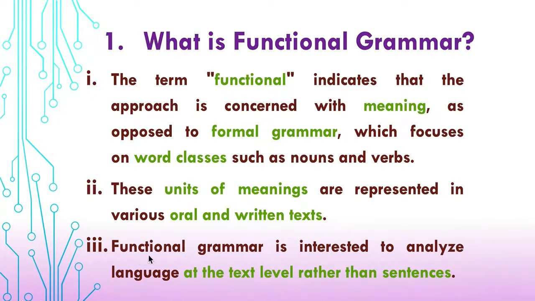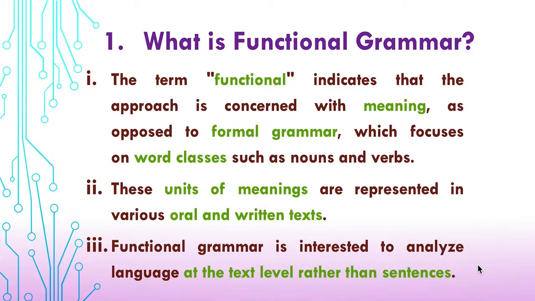Point number 3, functional grammar is interested to analyze language at the text level rather than sentences. Look here, functional grammar does not talk about only one sentence, or only one single word. In formal grammar, we talk about words, we talk about sentences, and we analyze how the words help in the construction of sentences.